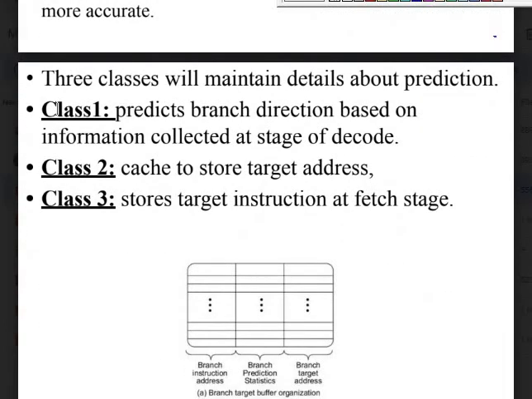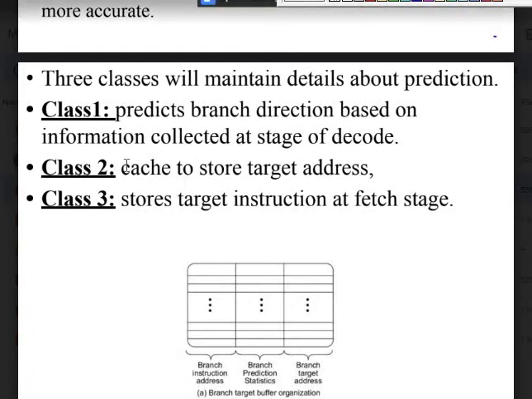To predict the possible branch, we have to maintain one data structure which maintains three pieces of information. First is the branch direction, whether it is going upward or downward. Hope you all remember from your system software the program read record and write record. Based on that, whether it is a forward jump or a backward jump.